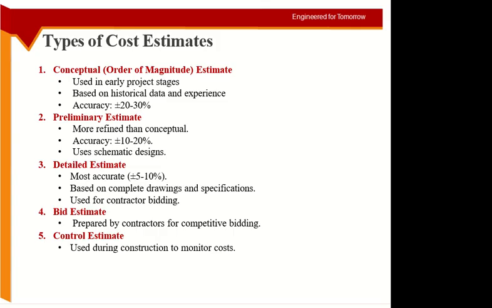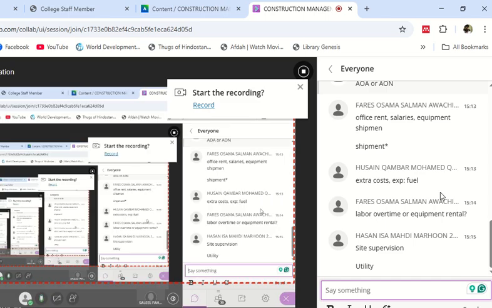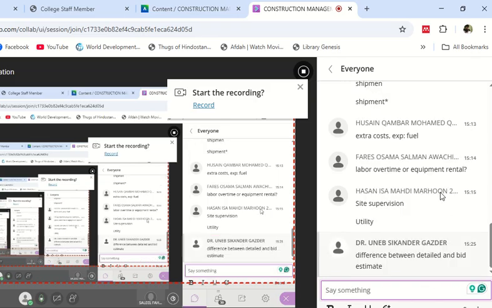Now what can be the difference between detailed and bid estimate? They should be the same, right? Theoretically they should be giving you the same values. So what are the possible things which can be different in both of them?